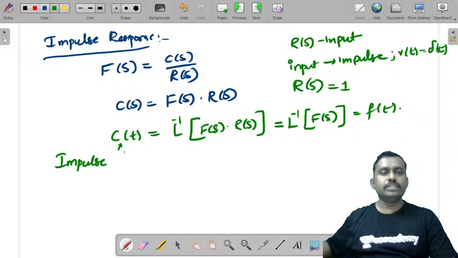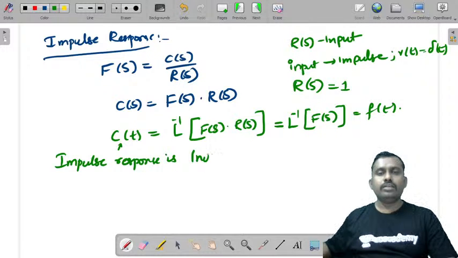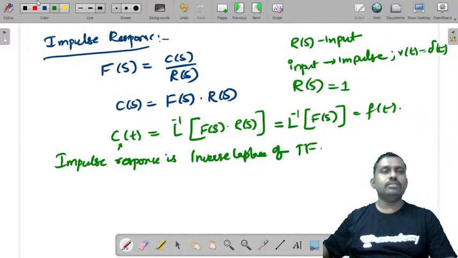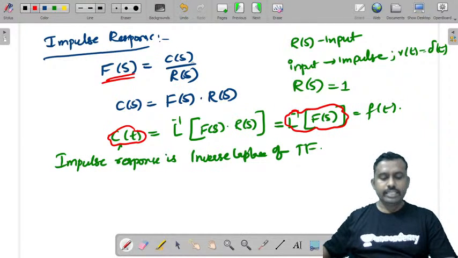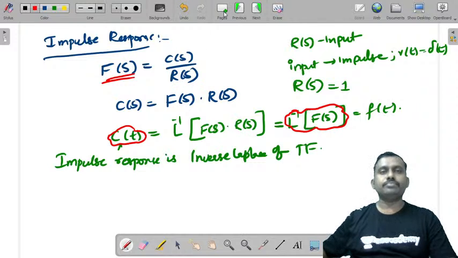The impulse response is the inverse Laplace transform of the transfer function F of s.